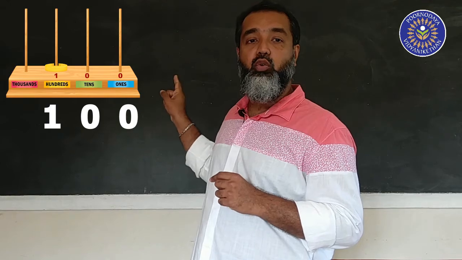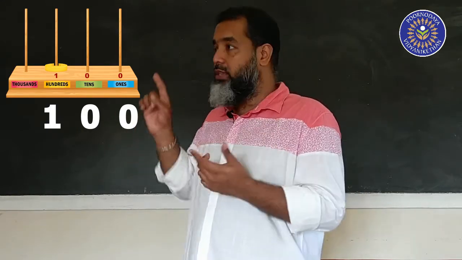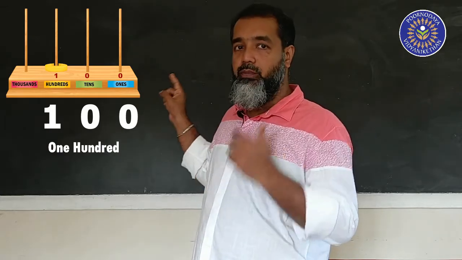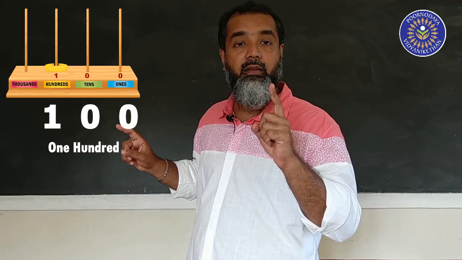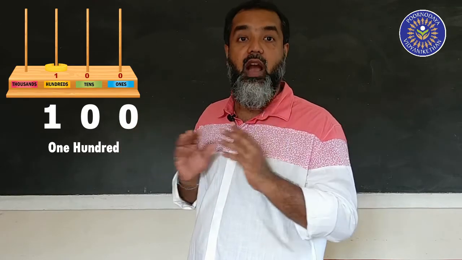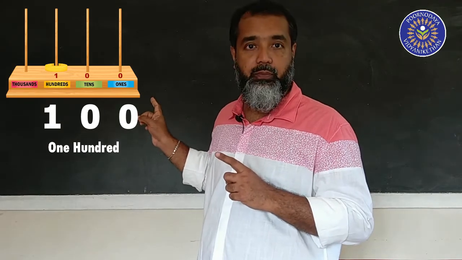And on the other two, tens and ones, we put 0 because there is nothing. It's 1, 0, 0. We will write it as 100.